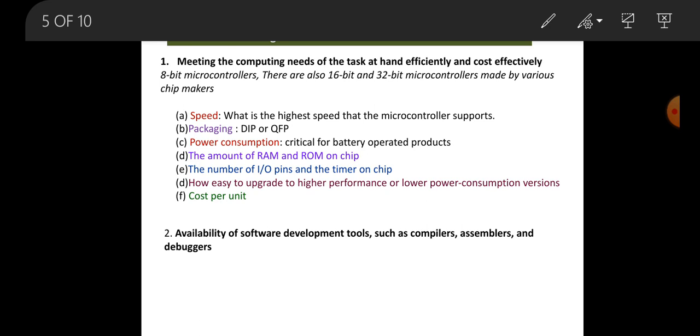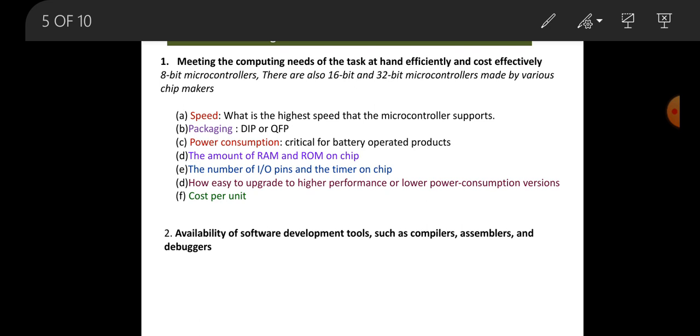Whether you want to go for 8-bit, 16-bit, or 32-bit, means what is your computing need, which suits your requirement, right?